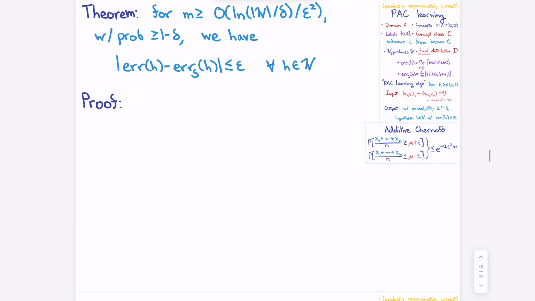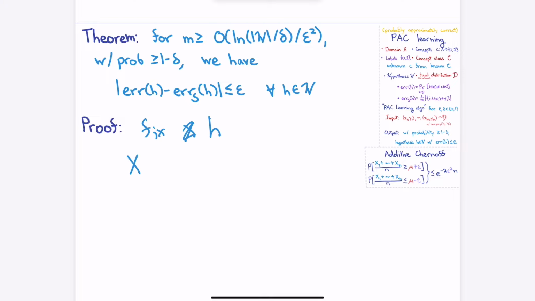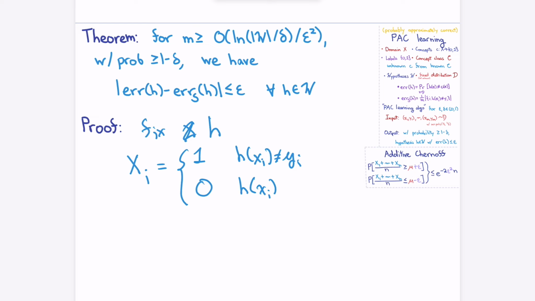Okay, so it's just going to be additive Chernoff kind of thing. For a fixed h, you have all these samples, and we can make indicator variables: 1 if h on the i-th sample makes a mistake, and 0 if it gets it right.